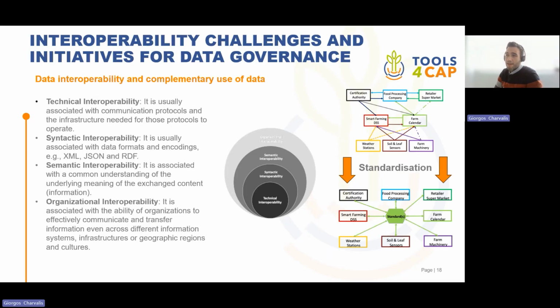But we can see that in order to achieve data interoperability, there need to be more standardization efforts. I will not go into detail about interoperability, but it has various levels: it can be a specific data format and a specific file, but also it can be set within the protocol of an organization, how an organization works.